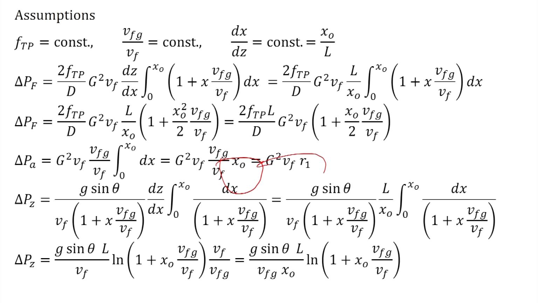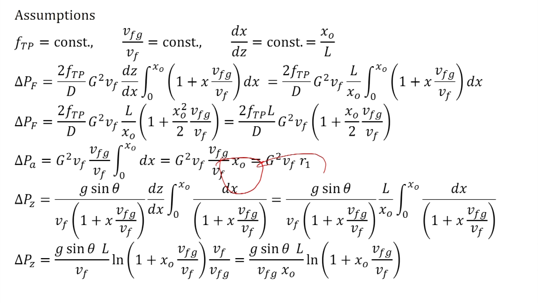Now, in order to do this integral, we will have to make some assumptions. If we do not make any assumptions, then we will have to do numerical integration. Also, we have assumed that m square is much less than 1.